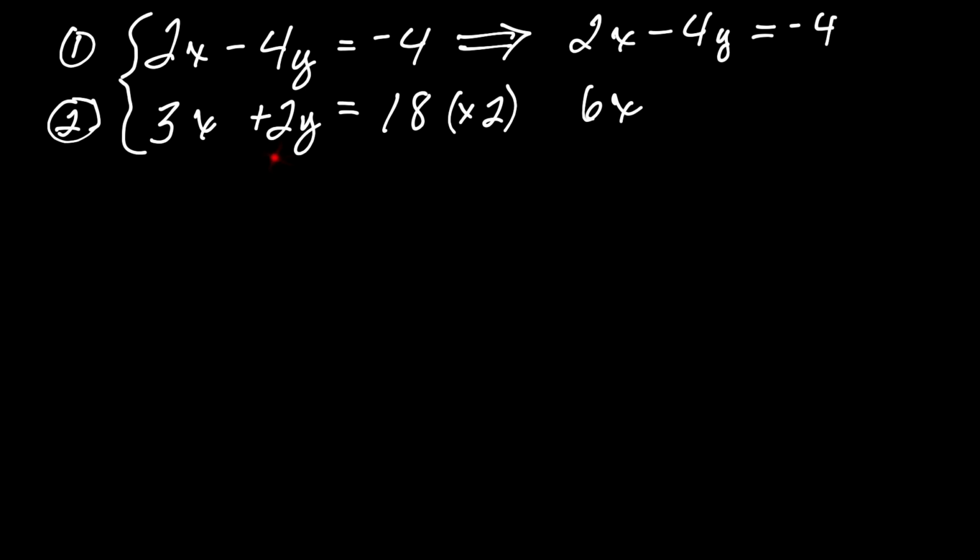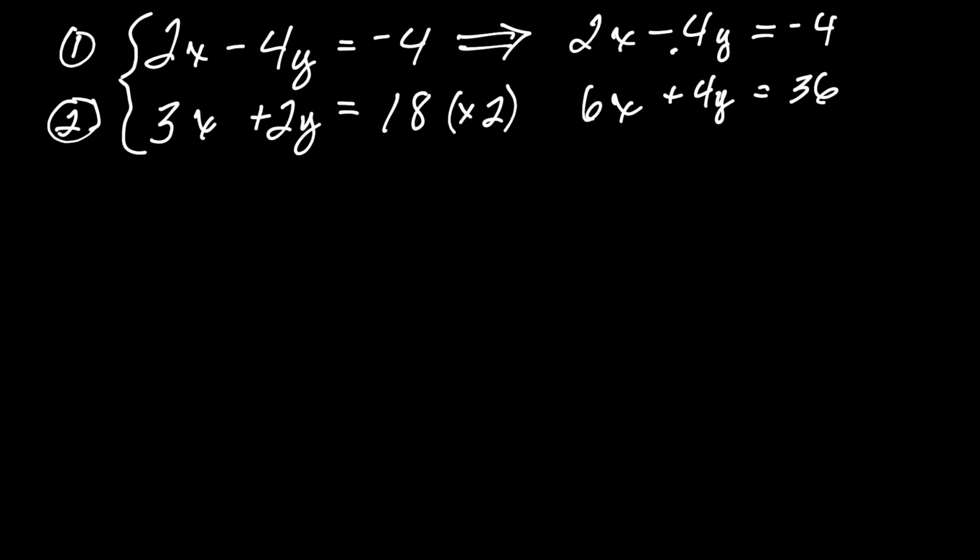Let's see, 2y times 2 gives me a 4y. And this is what we wanted to have happen. We wanted this negative 4, whoops, lost my pointer, this negative 4 and this plus 4 to be opposites so I can add them together and eliminate the y's. So last one, multiply 18 by 2. 18 times 2 is 36.